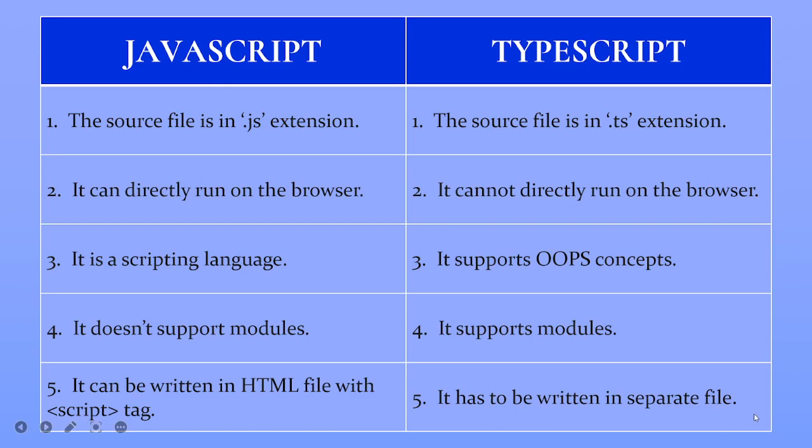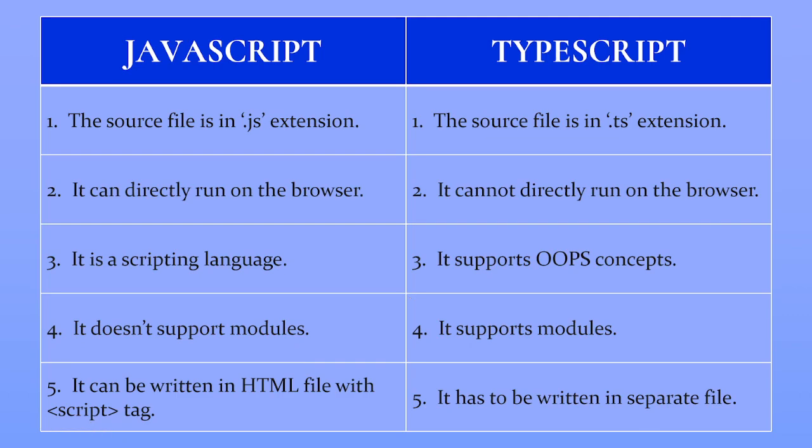And coming to JavaScript, it can be written in the HTML file itself. You need not create some other different file for JavaScript. In your HTML file itself, once your HTML code is over, below it you can add the script tag. You open the script tag, you write your JavaScript code, and then you end your script tag. So that is finished.